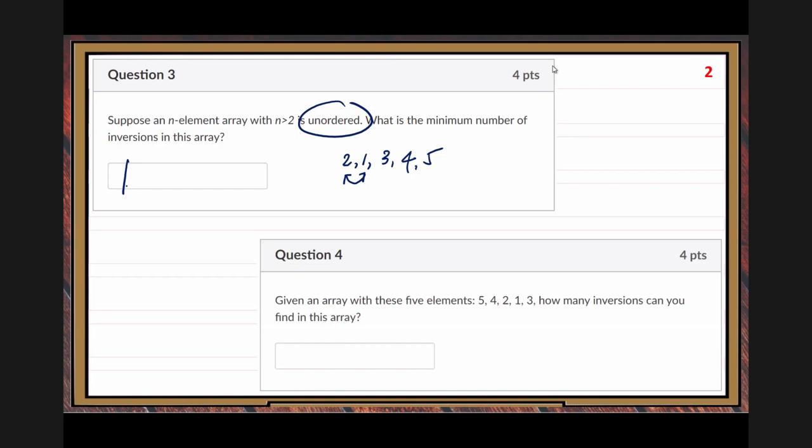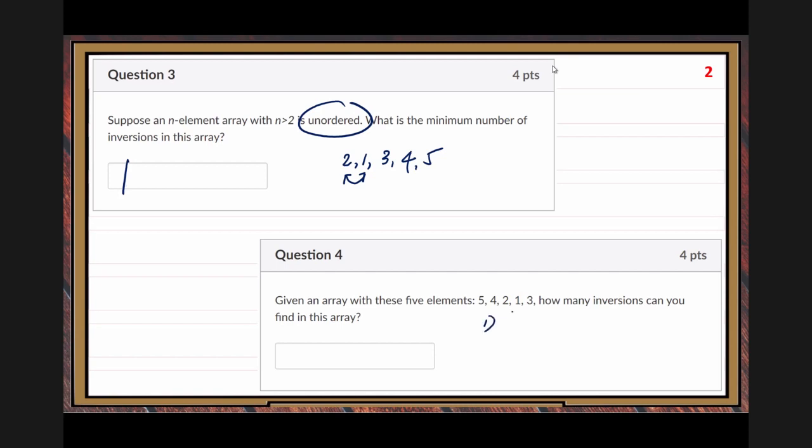This one, how to count all the inversions. Do not miss any. Here I show you how to count all the inversions. You need to follow some order. Total number of inversions. Let's count. First round, second round.